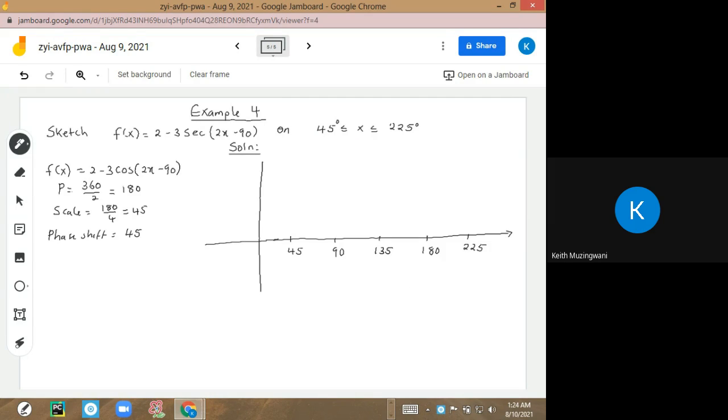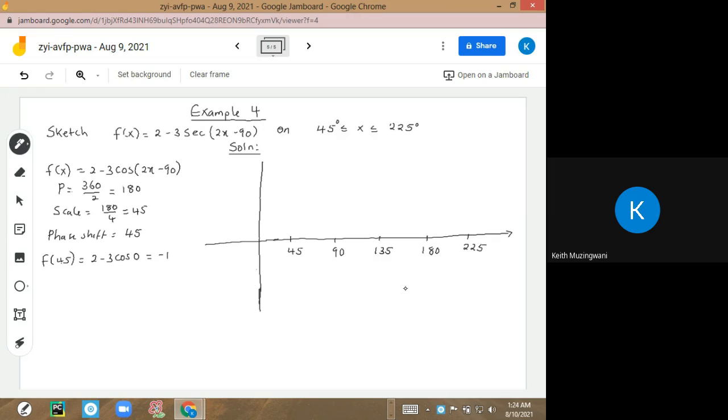We now look for the y's. So what is f of 45? We are taking it to where there is cos, so we'll have cos 0. Cos 0 is 1, so we get -1 here.